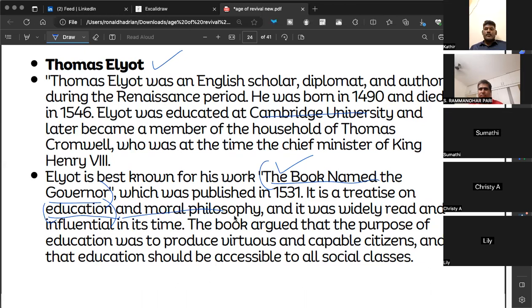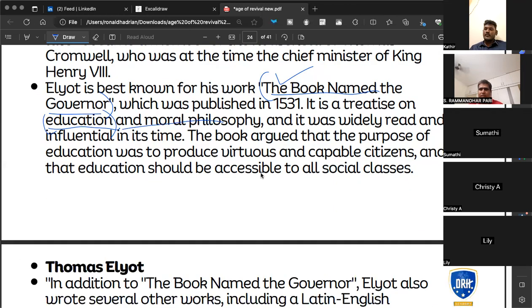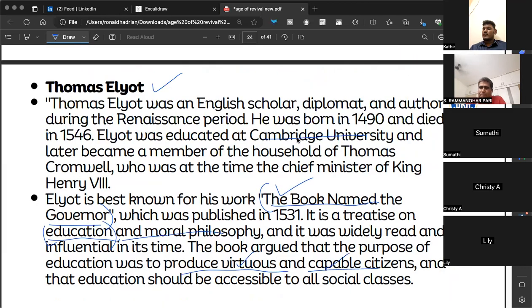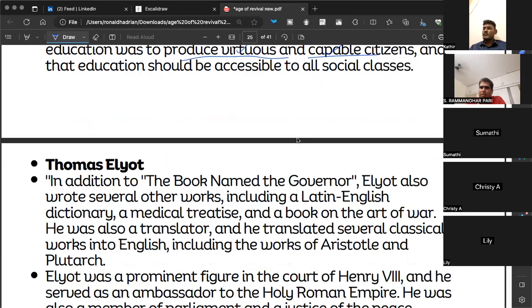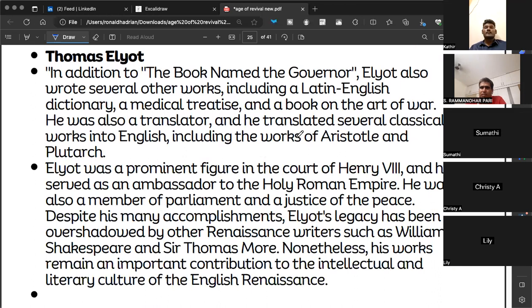The book argued the purpose of education as well: how to produce virtuous and capable citizens. This was the theme of the book. He's not a proper literary guy, but these people were writing kind of non-fiction books those days.